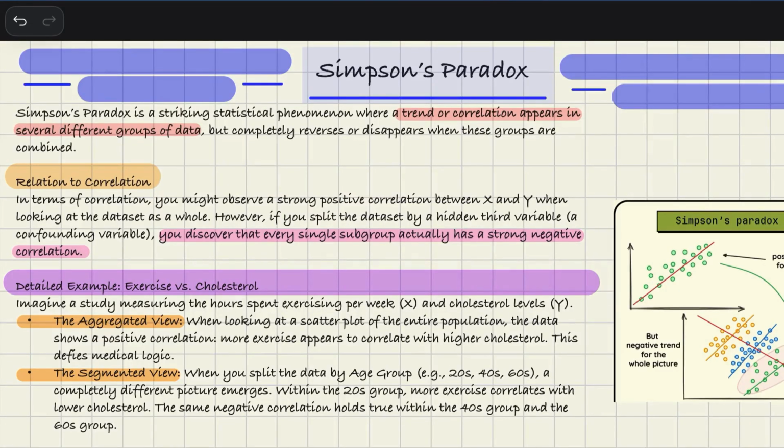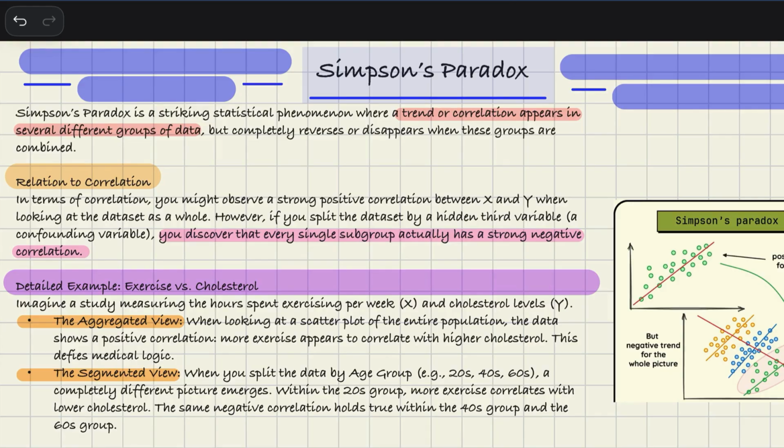Let's talk about one of the most fascinating and dangerous traps in analytics, that is Simpson's paradox. This is a favorite concept for examiners because it tests whether you truly understand data segmentation or not.